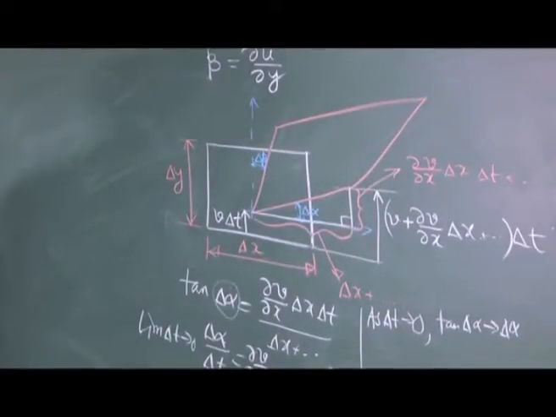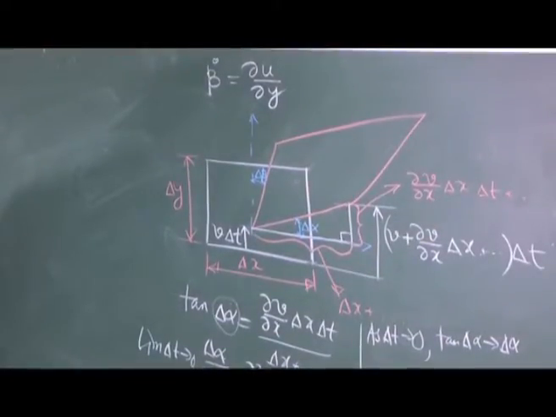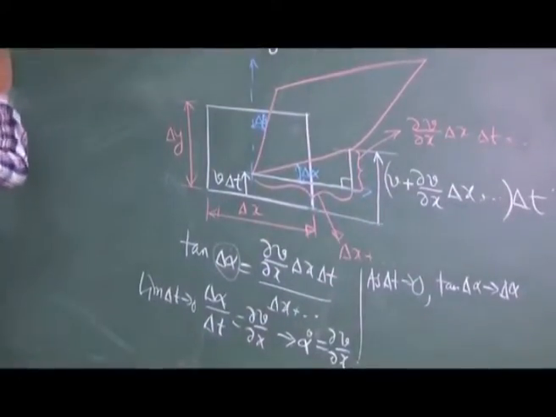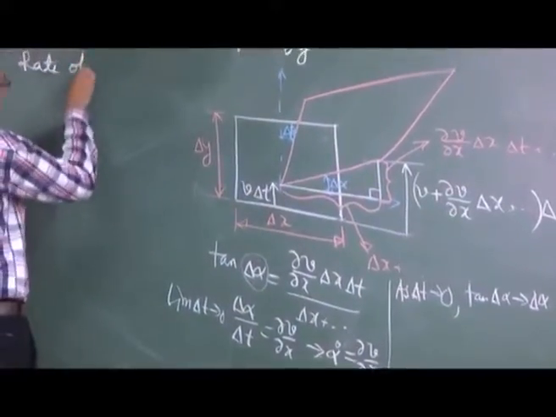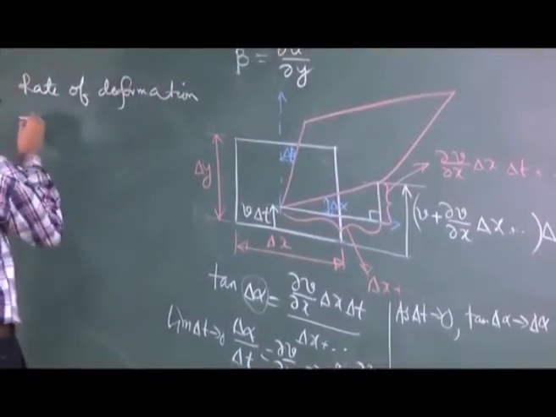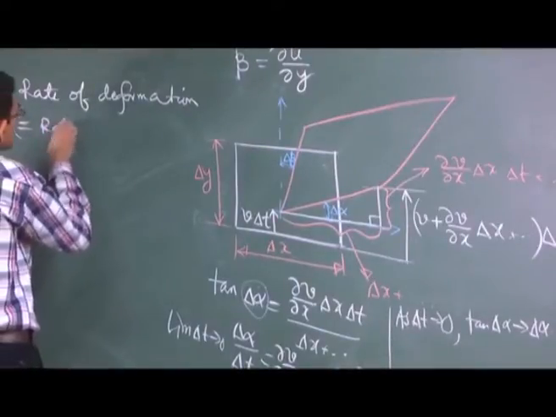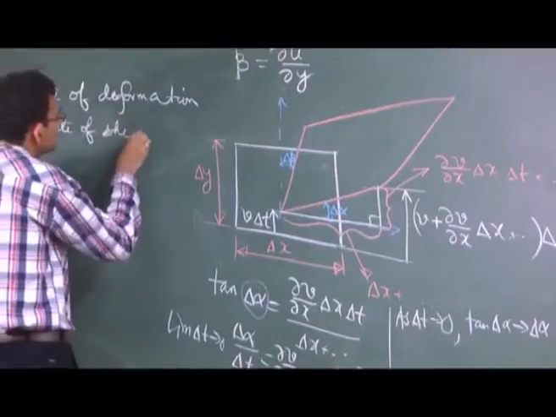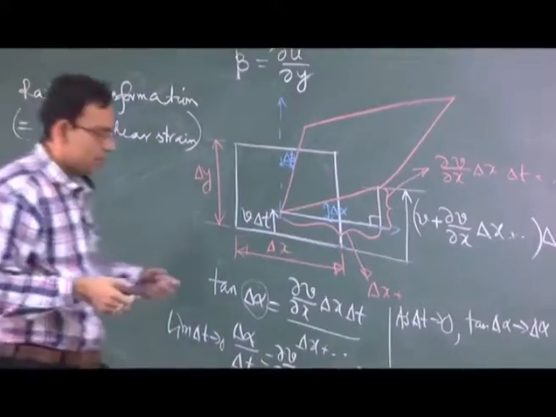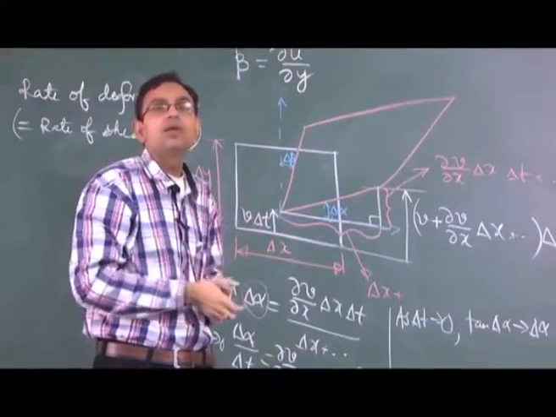Now, the big question is, what is the rate of deformation? The rate of deformation or rate of shear strain, these are synonymous terms, is the rate of change of the angle between two line elements which, by definition, were perpendicular to each other.